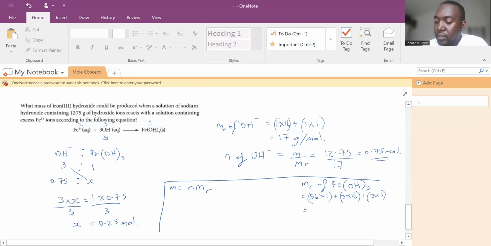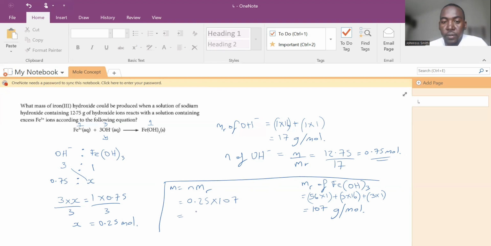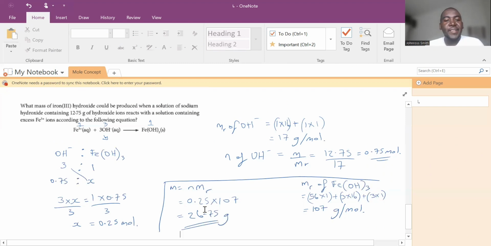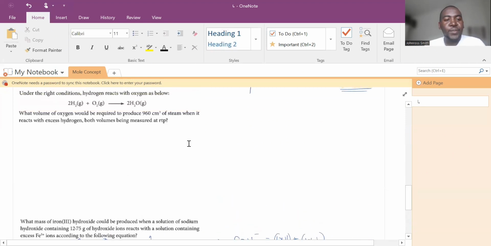So that's 16 times 3 plus 56 plus 3, which is 107 grams per mole. All right, so therefore we can find the mass by multiplying this molar mass, 107, by 0.25, and this gives us a mass of 26.75 grams.